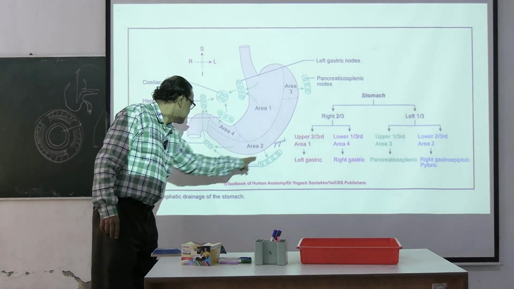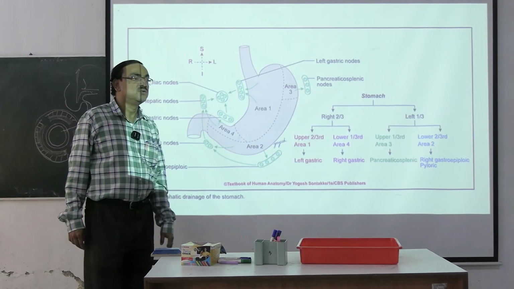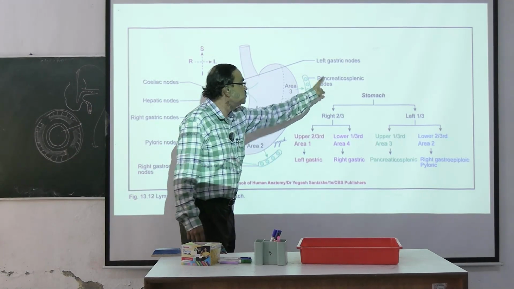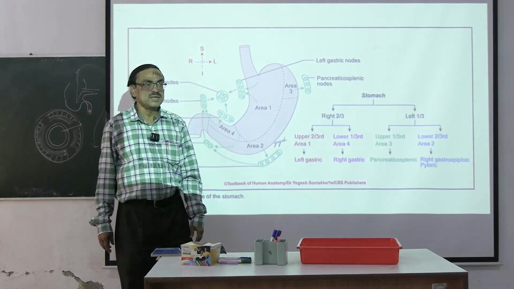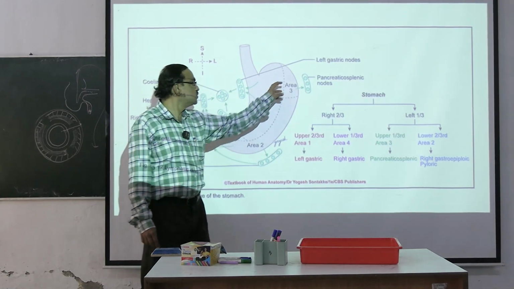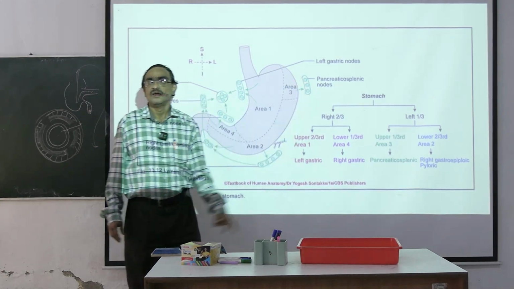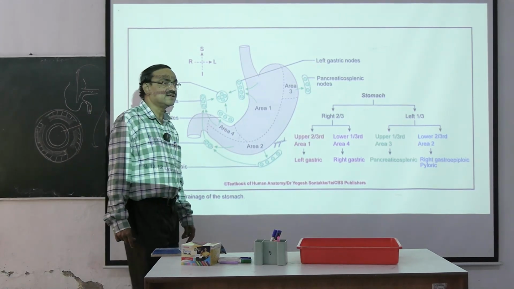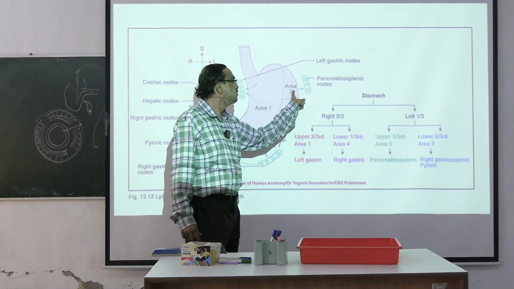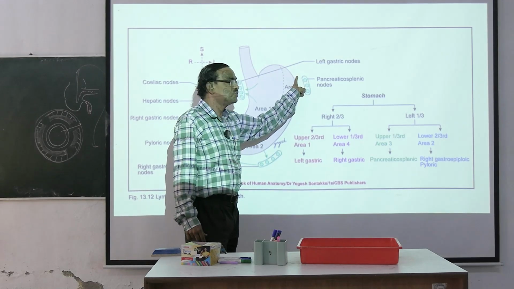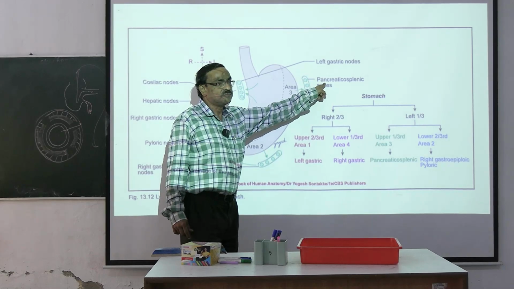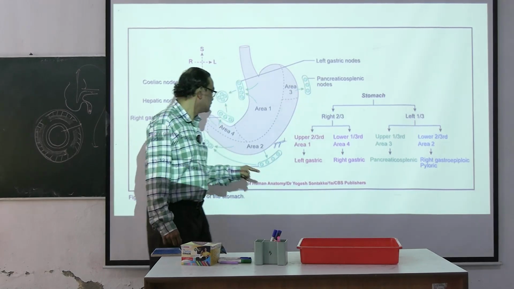So here we are getting the gastroepiploic group of lymph nodes. From this area it goes into the pancreatico-splenic group of lymph nodes, and in between there is a relay center, that is the cardiac group of lymph nodes. Some go to the cardiac group of lymph nodes, cardiac end to the pancreatic lymph nodes.